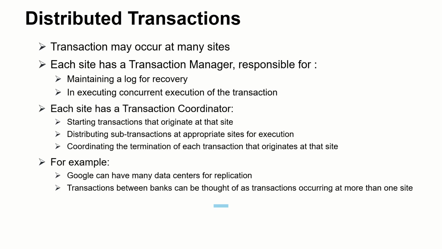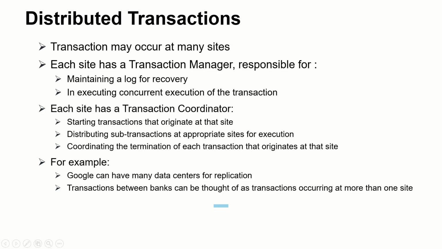All these sites, at the end, need to check only one thing: whether the transaction is successful or not, whether your food item is ordered or not. In this way, a single transaction is distributed over many sites. So in this way we can start with distributed transactions.